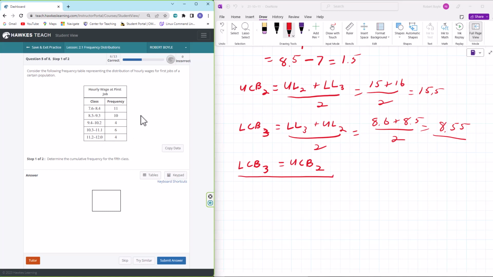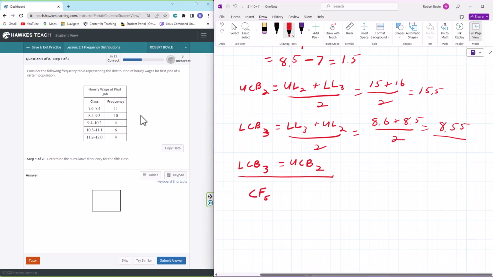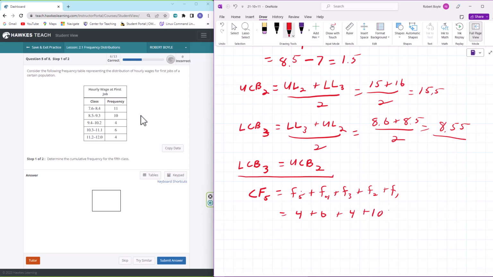Now remember, the cumulative frequency is going to be the frequency of the fifth class plus the frequency of all the lower classes. So in this case, it's going to be the sum of everything. The frequency of the fifth class is 4, of the fourth class is 6, plus the frequency of the third class, which is 4, plus the frequency of the second class, which is 10, plus the frequency of the first class, which is 11, and that will give us 35.